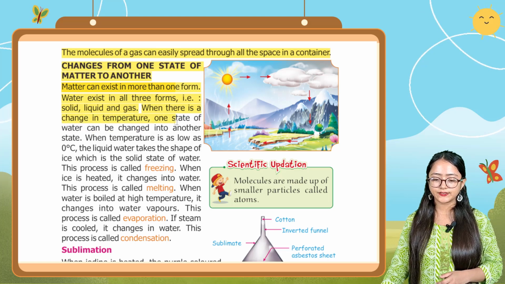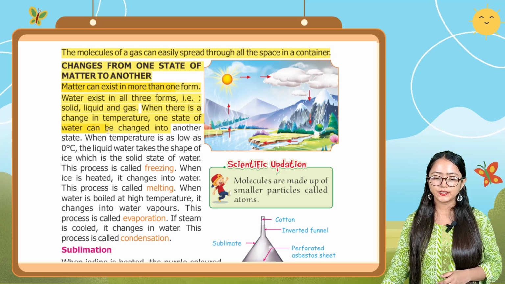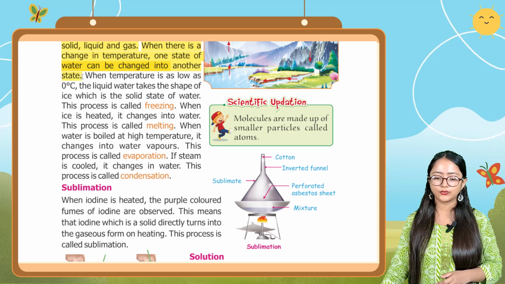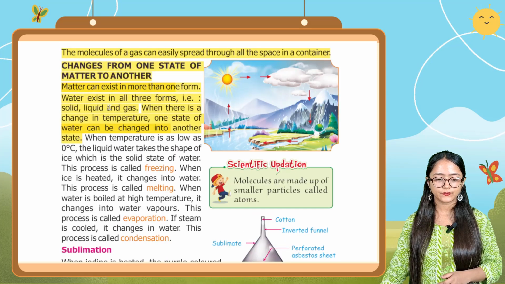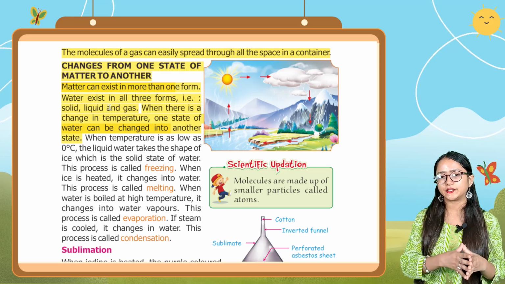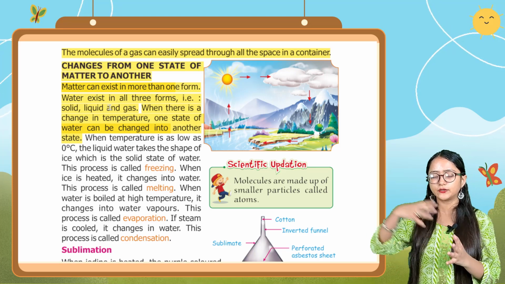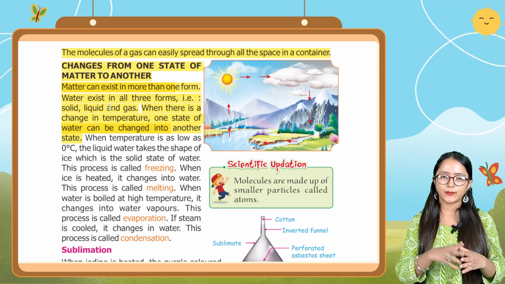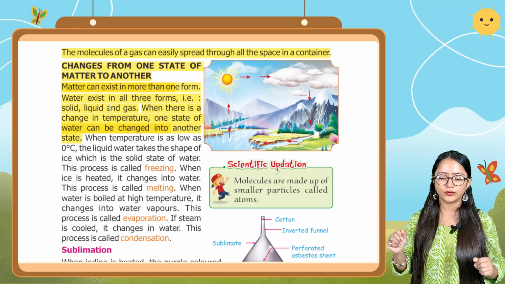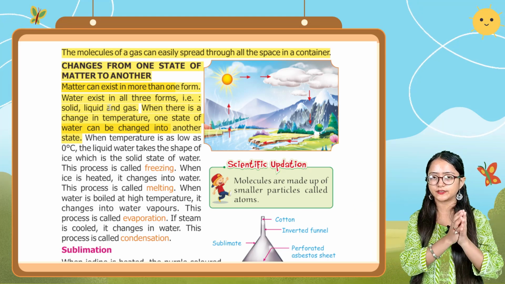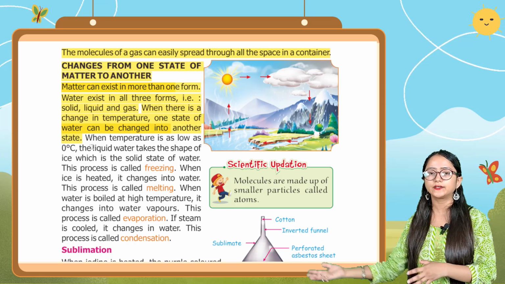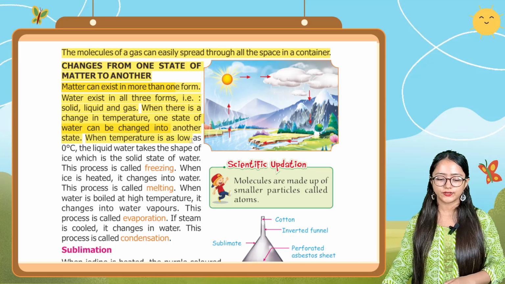When there is a change in temperature, one state of water can be changed into another state. Matter is present in three forms: solid, liquid and gaseous.